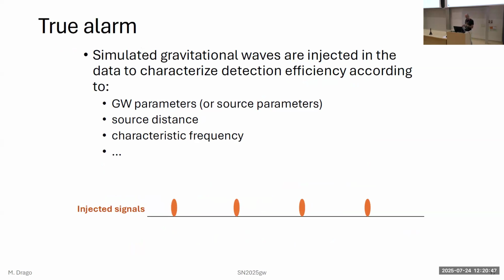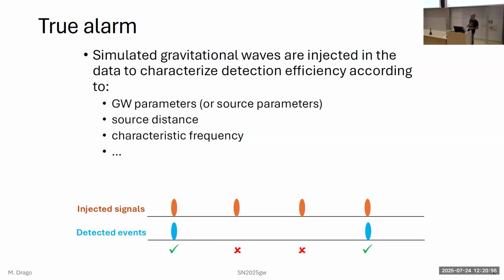So you put in the signal, and you just apply your decision rule, and you see how many of them your decision rule accepts. So in this case, your true alarm is 50%. And of course, you can do this according to the parameters of your gravitational wave in this case, or whatever source. You can characterize your efficiency according to the frequency, according to the distance, according to the mass of the progenitor, or whatever it happens to be.